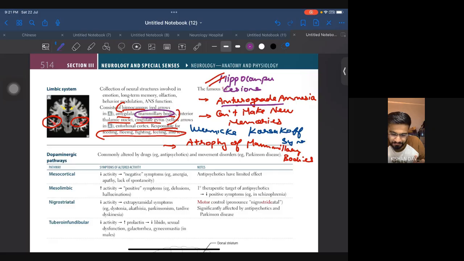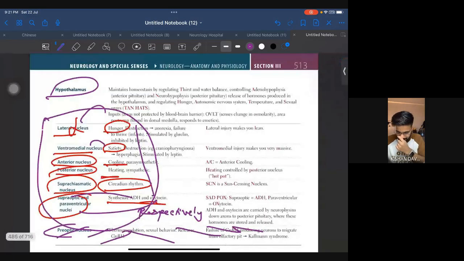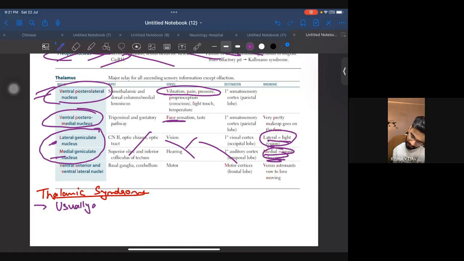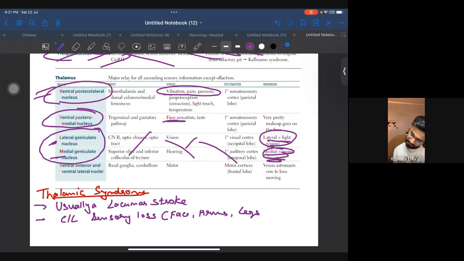And what was else? Yeah, I forgot to tell you one thing in the thalamus. Just write it down. Thalamic syndrome. It is most commonly asked, so don't miss it. It is usually a lacunar stroke. Second, contralateral sensory loss: face, arms, legs.